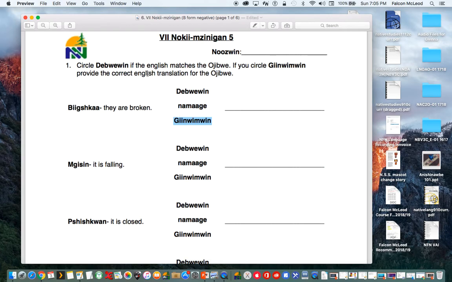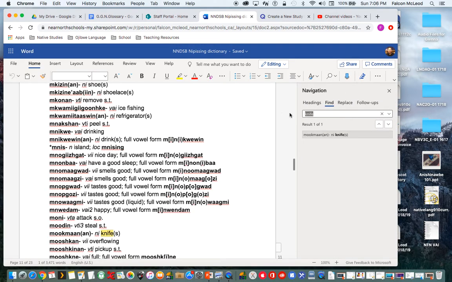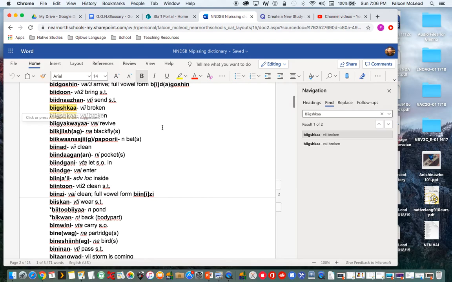So provide the correct English translation for the Ojibwe. So Bikshka does not mean "they are broken." So we command-copy into the dictionary just to see what it is. So Bikshka is "it is broken."